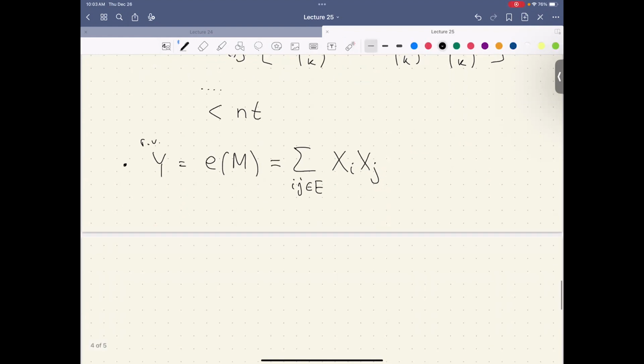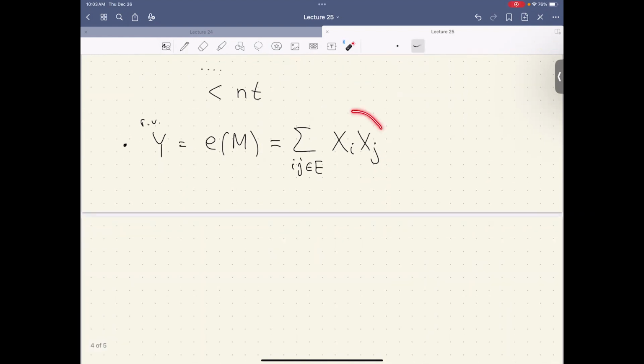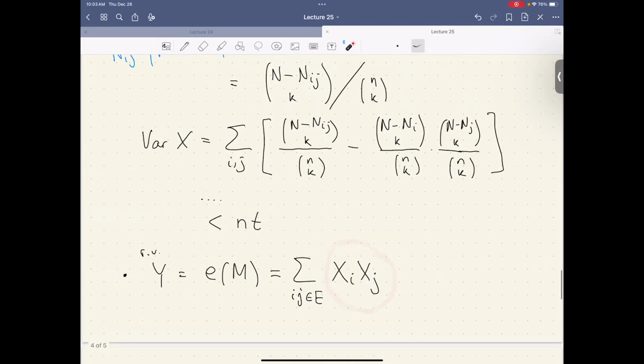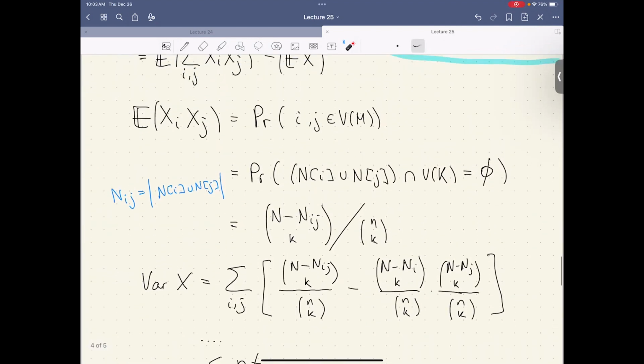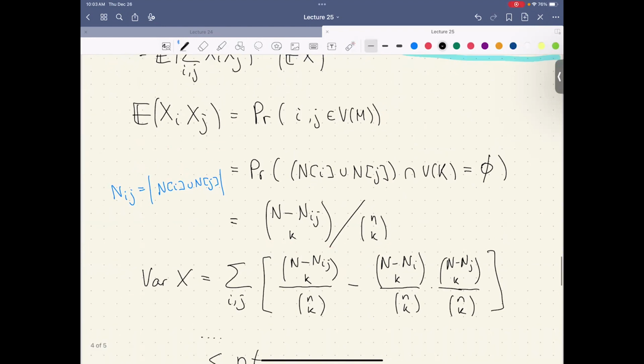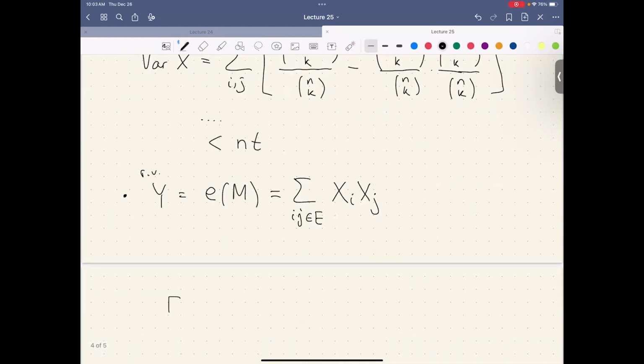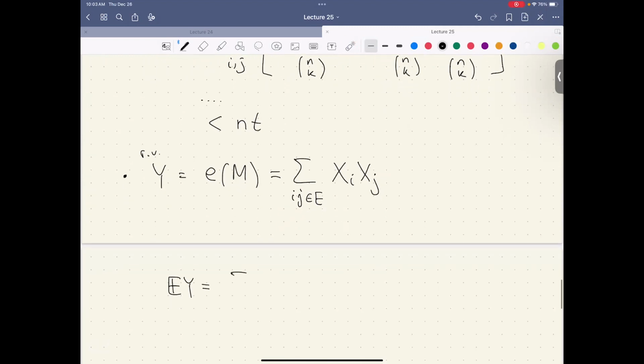So we can then compute. We know exactly what this expectation is. We just did it before. The expectation of this is this guy. So we have the expectation of y equals the sum over pairs ij that form an edge, of (m minus nij choose little k) divided by (n choose k). Very good.